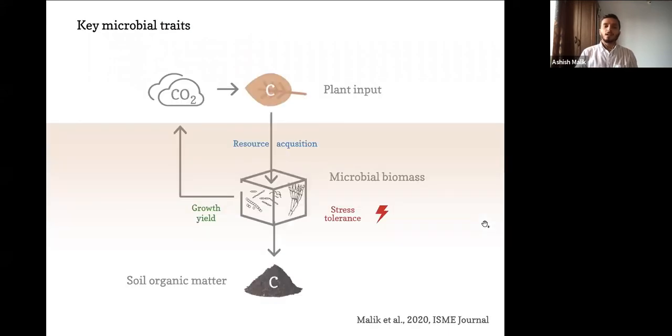But as much as we want to impose or map the CSR framework on microbes, we also realize that there are some inherent problems, because microbes, or at least soil microorganisms, are mostly heterotrophic, whereas the CSR framework applies well to autotrophs relying on solar energy as a main source of energy.